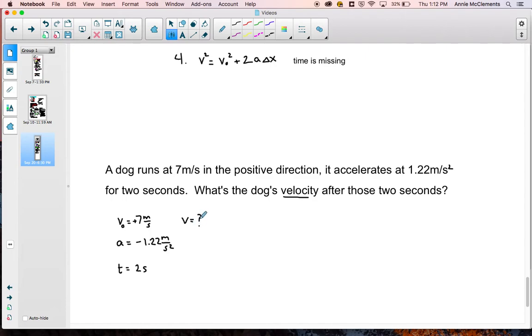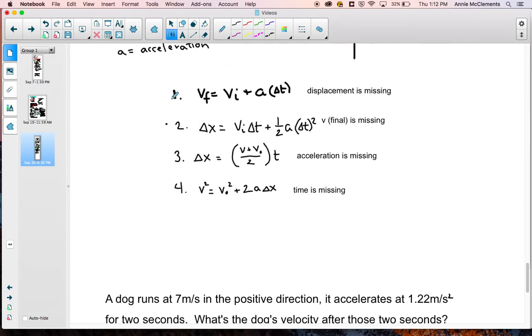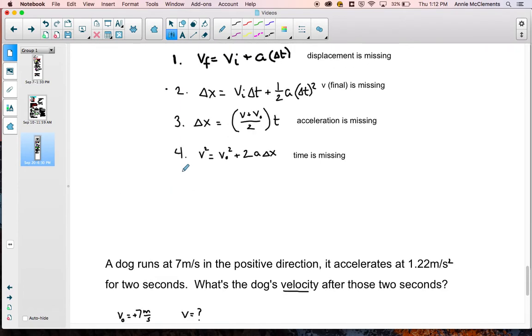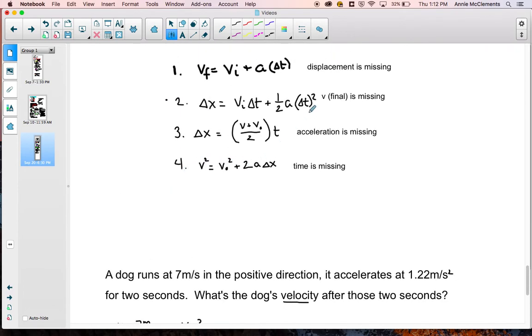All right, so now we have our given variables in this word problem. What's missing here is displacement. So of the equations, I'm not going to want to use any of the equations that have displacement in them, because I don't have any value for that.